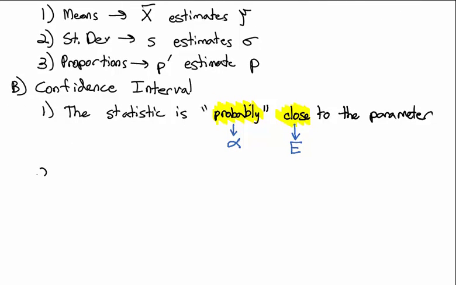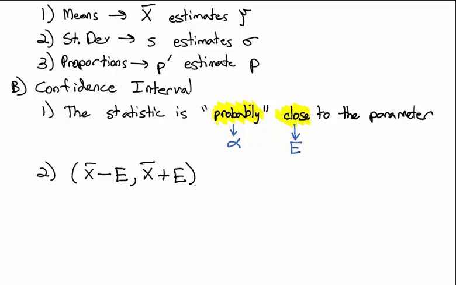Just for this example, we're going to talk about means, but it works the same for standard deviations and proportions. We'll give the interval as a range as x bar minus some error, comma, x bar plus some error. So if we can calculate the error that we might be off by, we can either subtract or add, and we get kind of a minimum or maximum possible value for the actual mean.